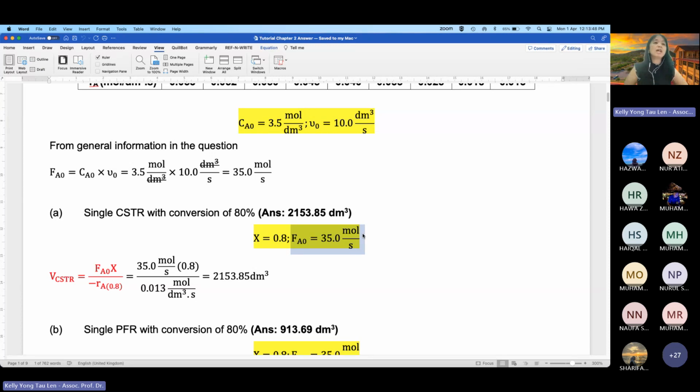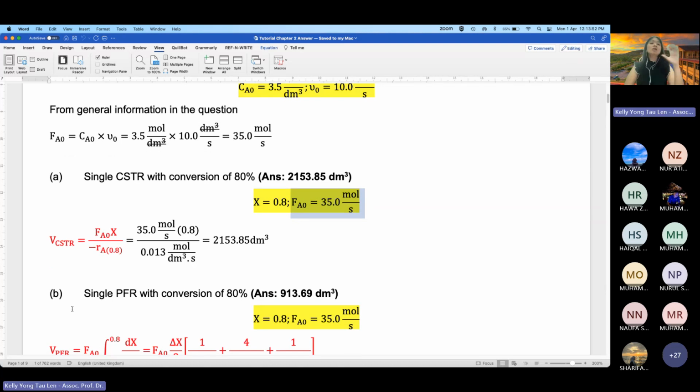So these are the two pieces of information that I have to solve, right? Then what do you do? You can go to the list of equations. As I mentioned, you don't even have to memorize, but you have to really know what equation to use. So for a single CSTR, to find the volume, the formula is volume of CSTR equals FA naught X over minus RA at my conversion of 0.8.